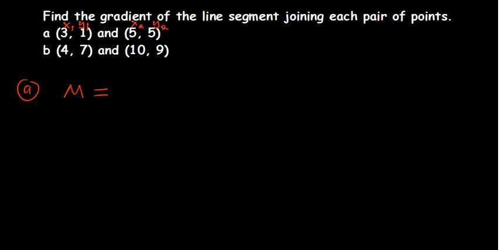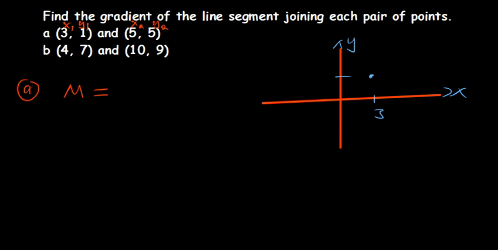When you have the x-y plane, this is the x and that is the y. Let's say this is 3 and then 1, and then you have another one, 5 comma 5, somewhere there.